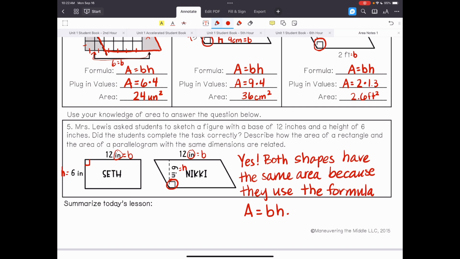And then the next part of this video is going to be the practice problems. So here's where we can split off into 2 groups. The substitute can pause the video, and if you would like to continue following along with me, you can open up your Chromebook, and it is posted on Google Classroom, and you can do the practice page with me.